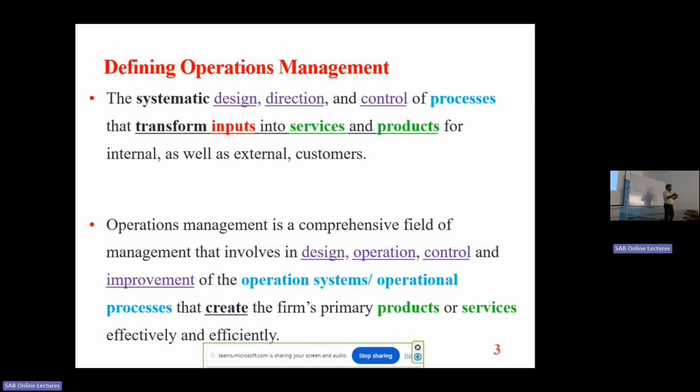So they are internal customers. Can you understand it? Likewise, in the production process, there can be different steps, so each step, each department could be an internal customer in that sense. So for internal customers as well as for external customers, producing and delivering product is what we do in operations management. Clear?